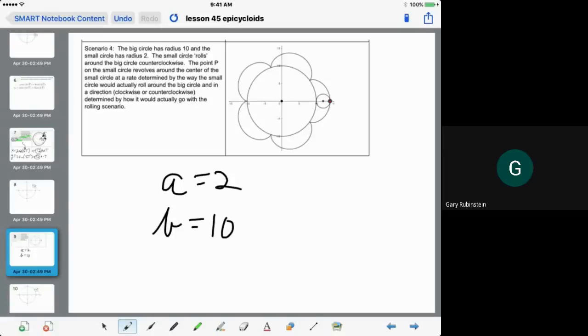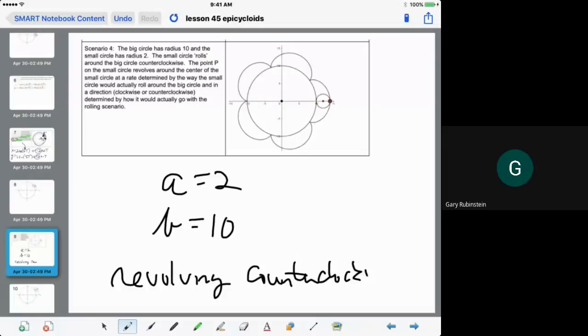But we need to know, is the center of the small circle revolving clockwise or counterclockwise? Those are the only 3 pieces of information you need.